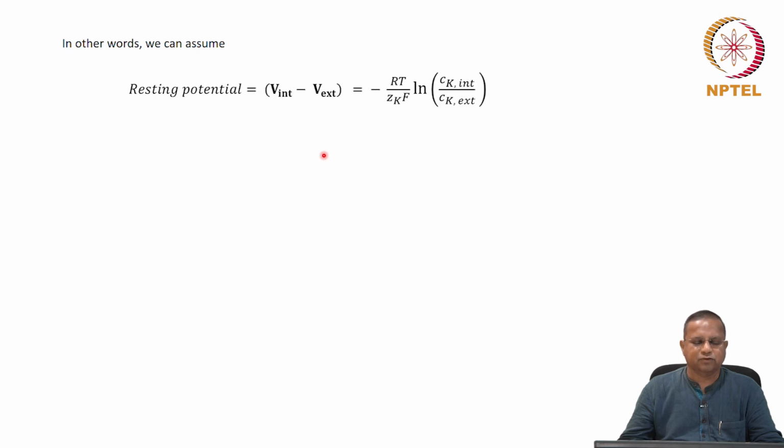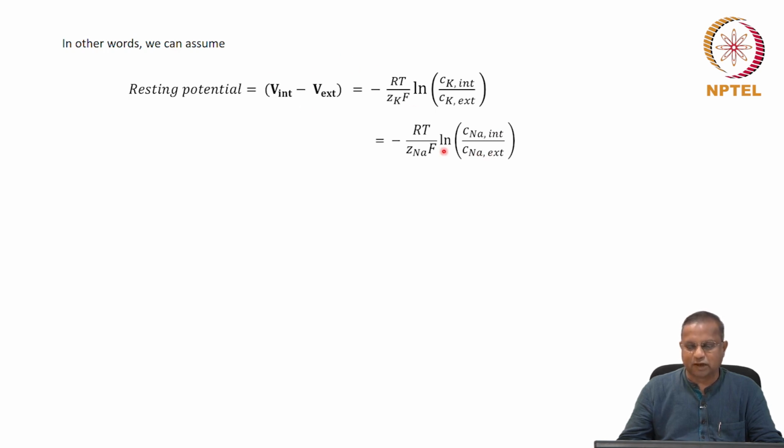In other words, we can assume that the resting potential, which is V intracellular minus V extracellular, equals minus RT by ZKF ln of CK intracellular divided by CK extracellular, which again equals minus RT by the valency of sodium times F ln of the concentration of sodium in the intracellular space divided by the concentration of sodium ions in the extracellular space.